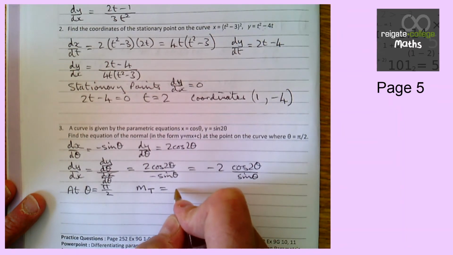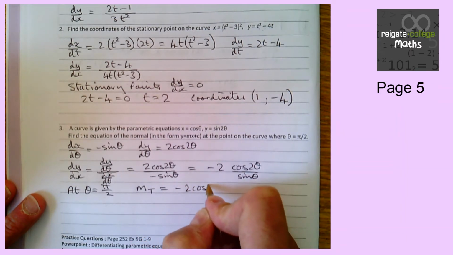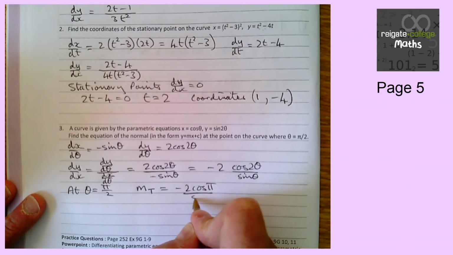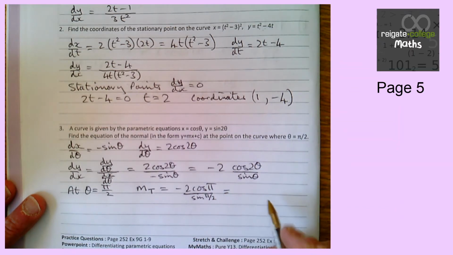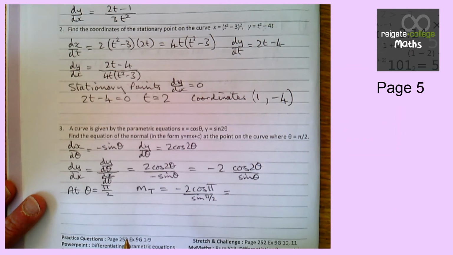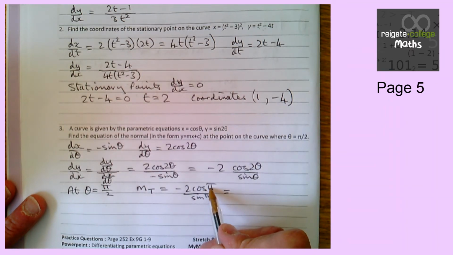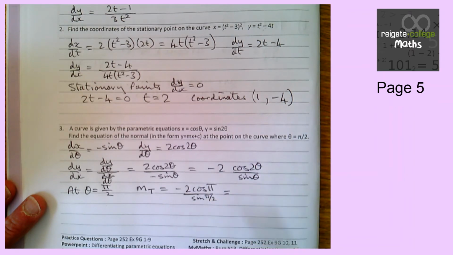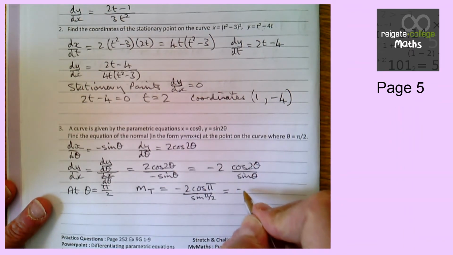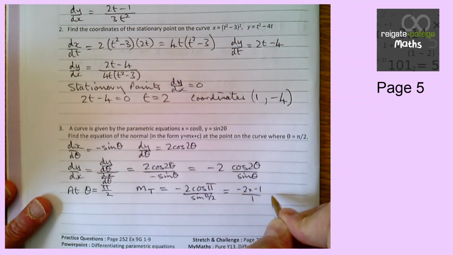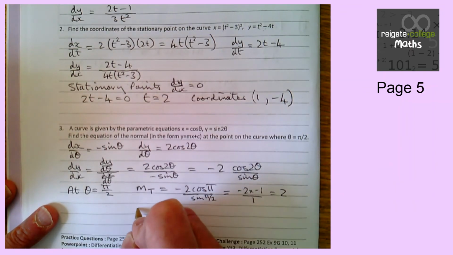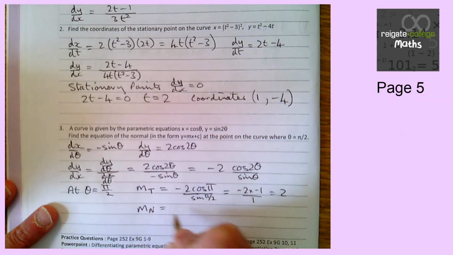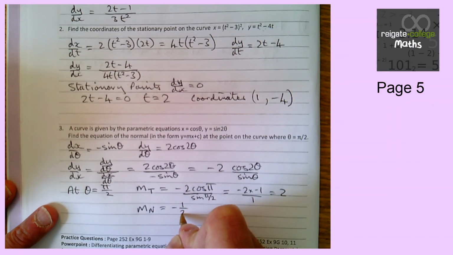That's going to be equal to minus 2 cos of pi over sine of pi over 2, which is, well, let's see, cos of pi is minus 1, isn't it? Sine of pi over 2 is 1, so this is minus 2 times minus 1 over 1, which is 2. So the gradient of the normal then, mn, is equal to minus a half.